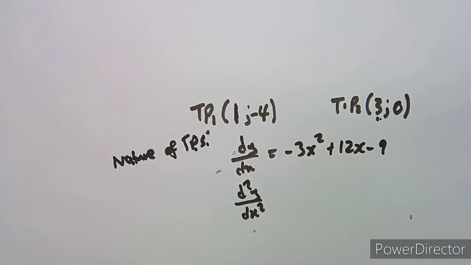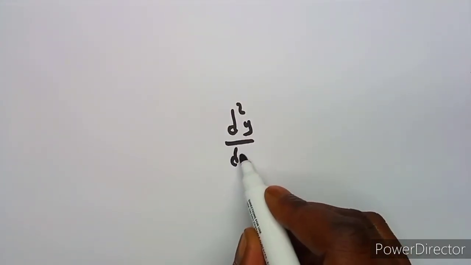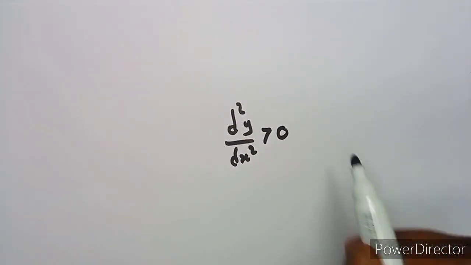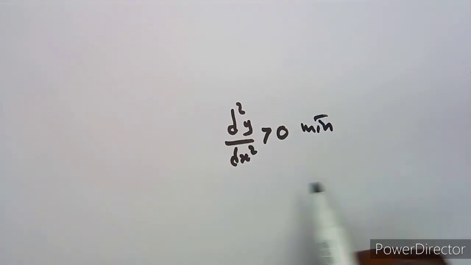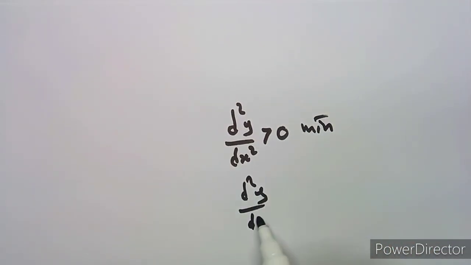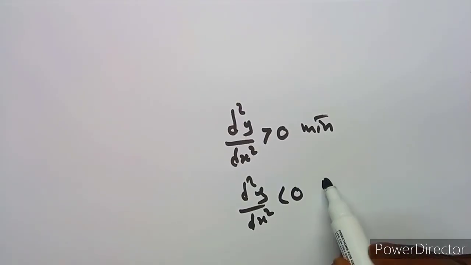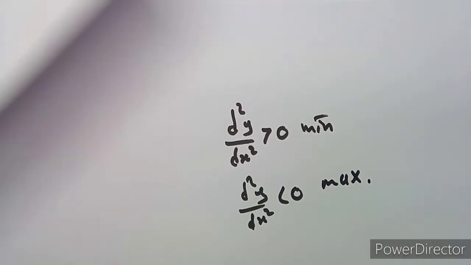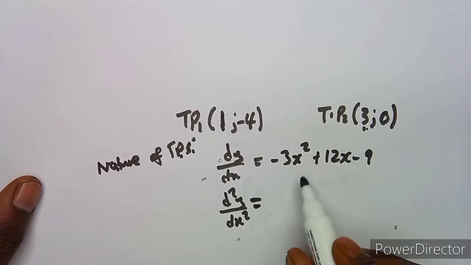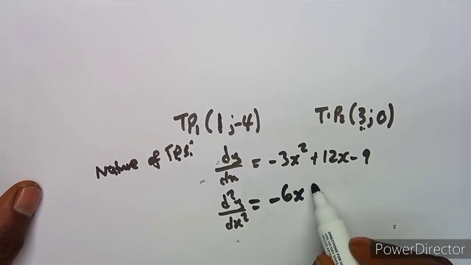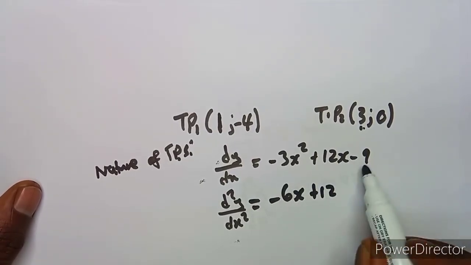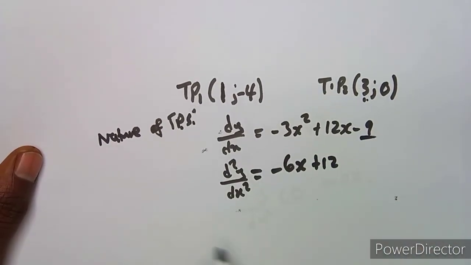We know that for the nature of turning points, from the second derivative, when it is greater than 0, it's a minimum turning point. When it is less than 0, it's a maximum turning point. So let's find the second derivative, which is going to be negative 6x plus 12, and the constant 9 becomes 0.